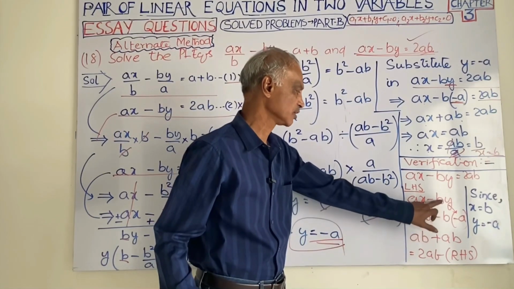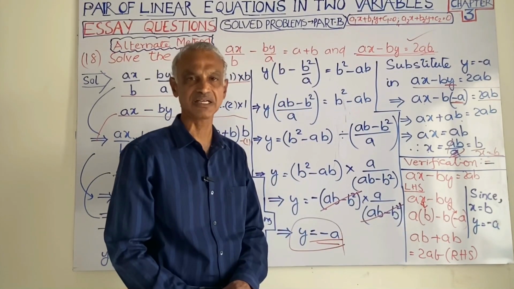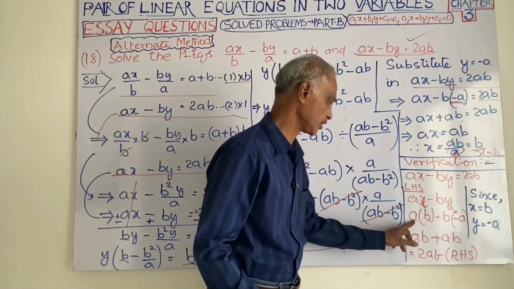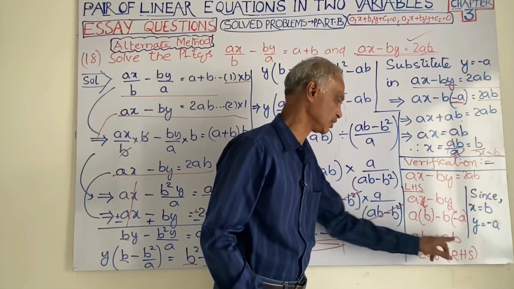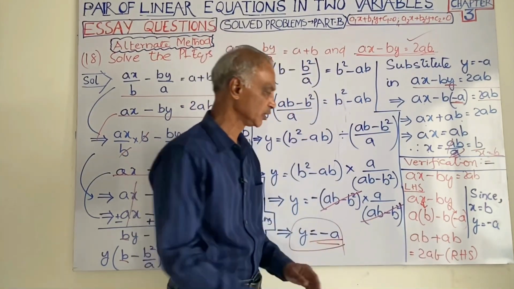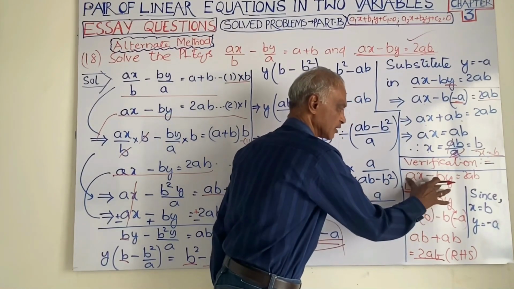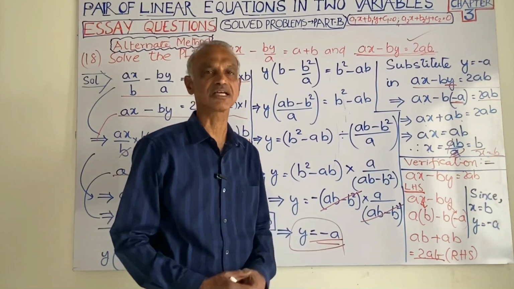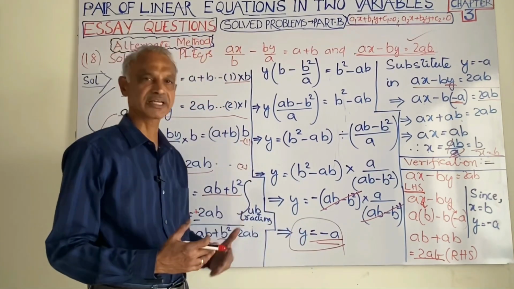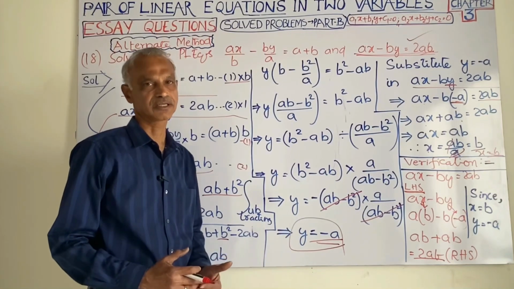AB minus b into y, in place of y I have substituted minus a. So ab minus into minus plus b into a, ab plus ab, 2ab. You got RHS. As our answers are true, x is equal to b and y is equal to minus a are correct answers.